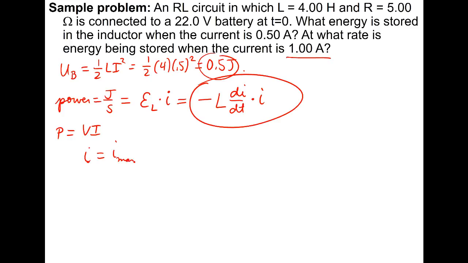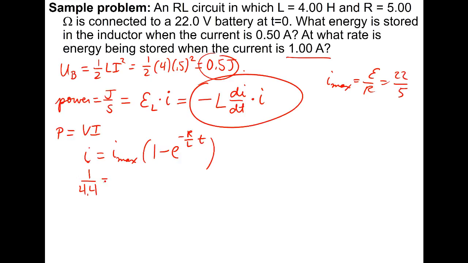So we apply our equation, 1 minus e to the minus R over L times t, and I'm not going to go through all the steps of solving this because we've done that, but I max is 4.4, remember I max is E over R, or 22 over 5. That's 4.4.